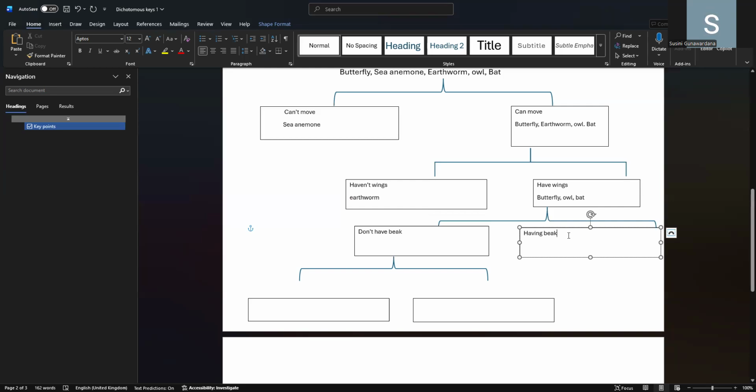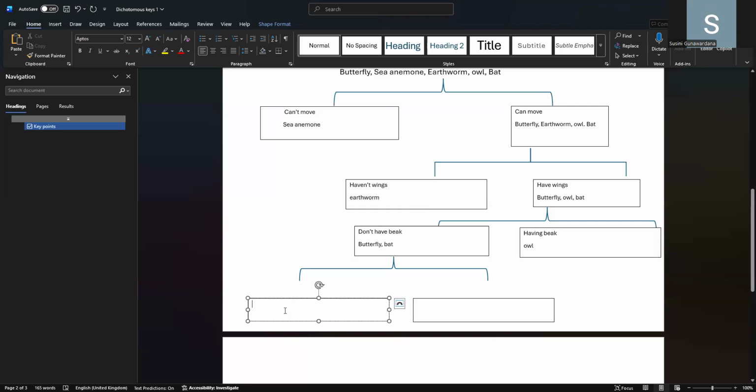Having beak will be what? That is owl. Don't have beak will be butterfly and bat.